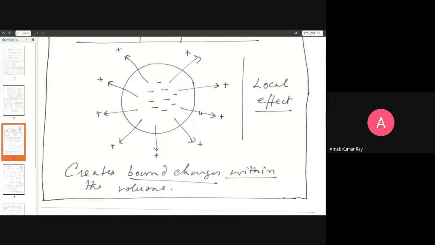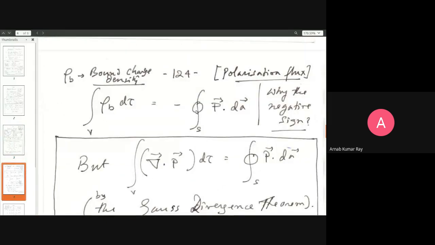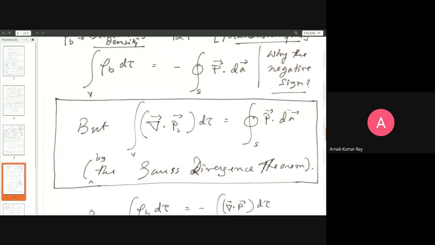Okay, with that, the physics part has come to an end. Now we'll just apply some mathematics. The Gauss divergence theorem, with which you are quite familiar by now. The Gauss divergence theorem will say that the volume integral of the divergence of P d tau will be equal to the closed surface flux of P dot dA. So that's the Gauss divergence theorem. So you look at this formula, P dot dA closed surface integral.